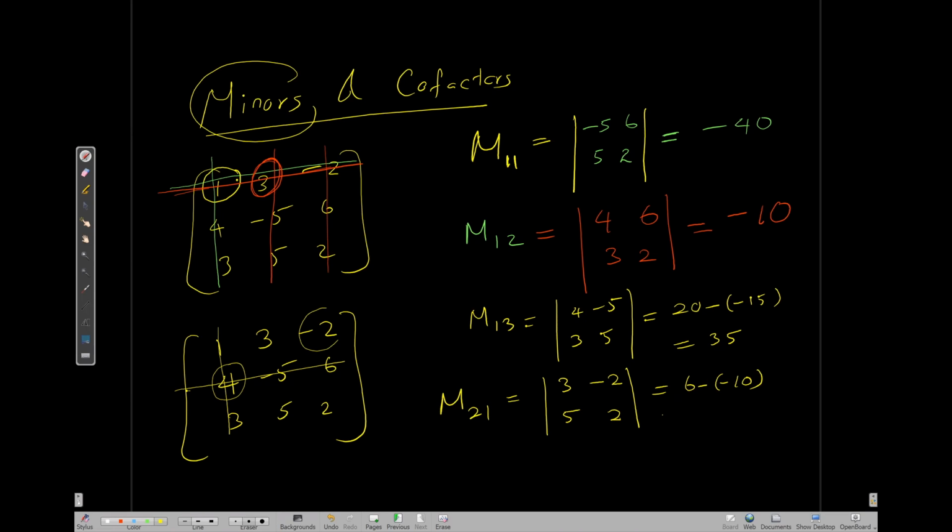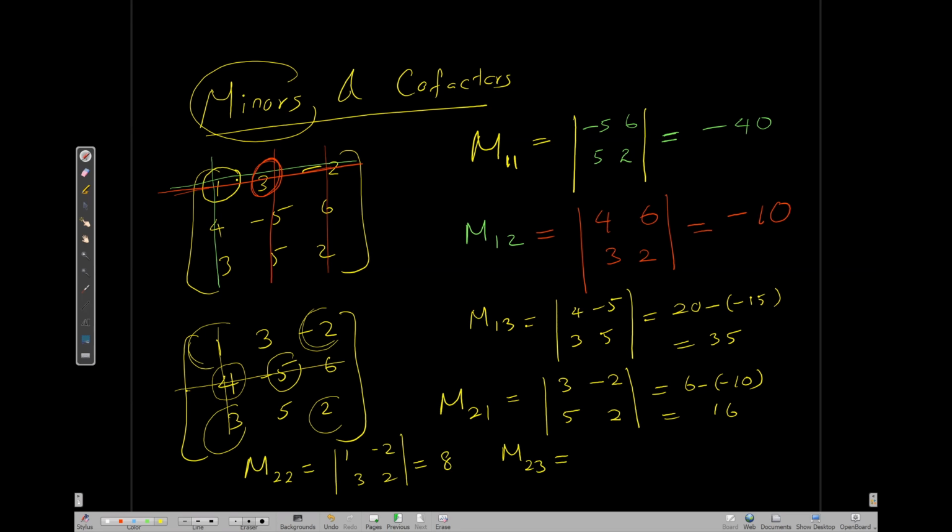When there is a minus, it's better to write them down again, so you get 16. M22: the remaining ones will be the corner ones, so 1, negative 2, 3, 2. You get 2 minus 6, 8.